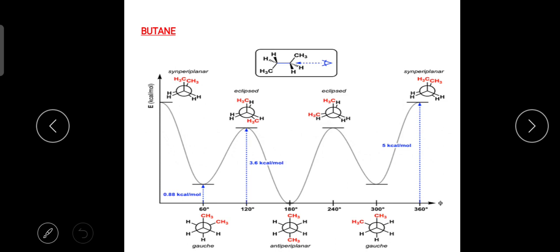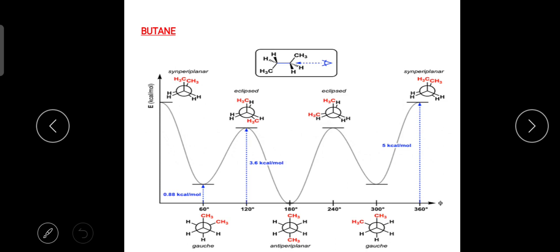We start this rotation from the eclipsed structure where two methyl groups overlap with each other. Therefore it is known as fully eclipsed, because the repulsion occurs between two methyl groups, and it is the most unstable structure among all the conformers because more steric hindrance occurs.